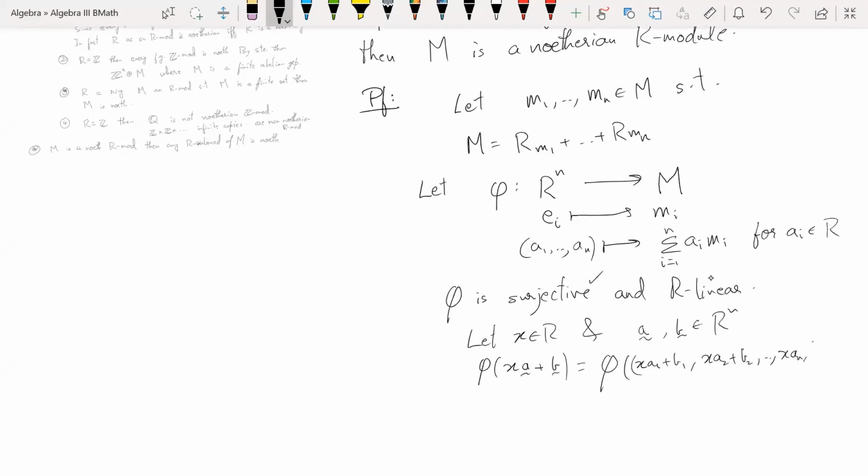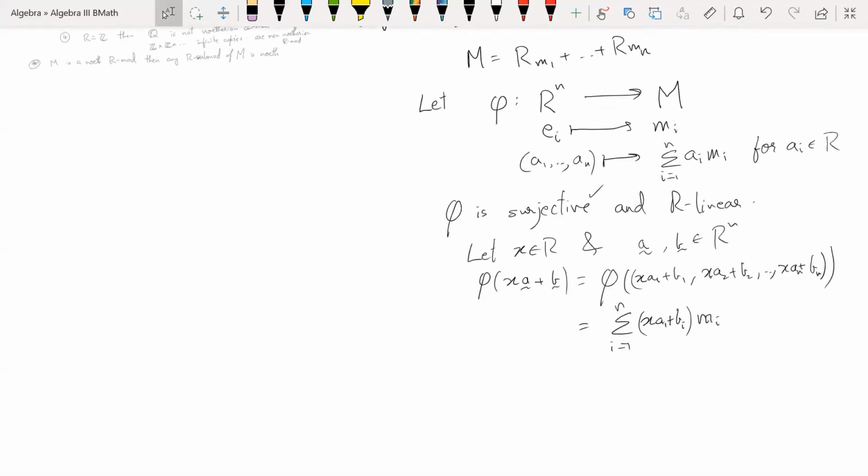If you combine these two, you get the n-tuple with entries x ai plus bi, and phi of this n-tuple is the summation of (x ai plus bi) times mi, i equals 1 to n, by definition of phi.